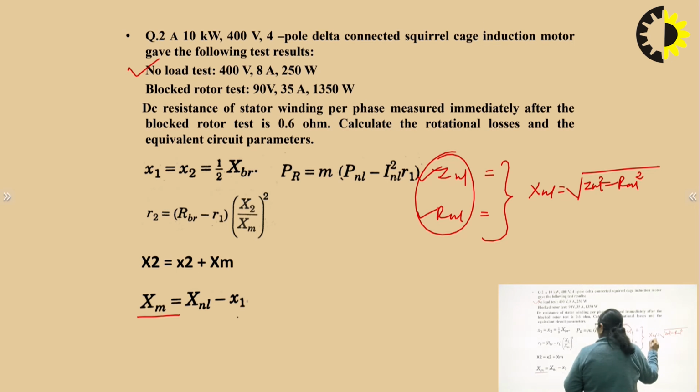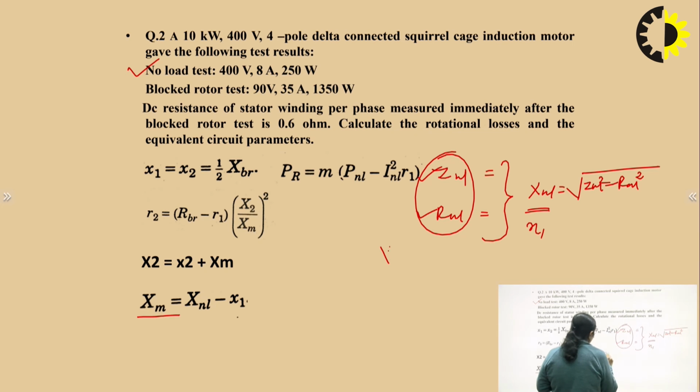Agreed? Knowing XNL and knowing the reactance X1, I can very well calculate Xm equals to XNL minus X1. So, when you will solve the equation by substituting the values, you can very well calculate the Xm.